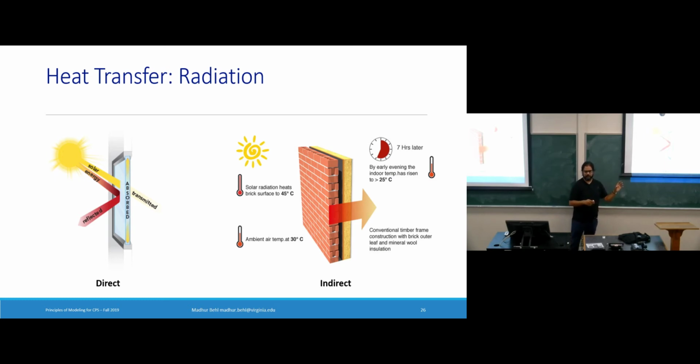Another example, which combines both conduction and radiation, is a wall. It's a composite wall with many layers. The outside air is, say, at 30 degrees. So there's going to be a convective heat flow between the outside air and the surface of the wall, because convection is between a fluid and a surface.